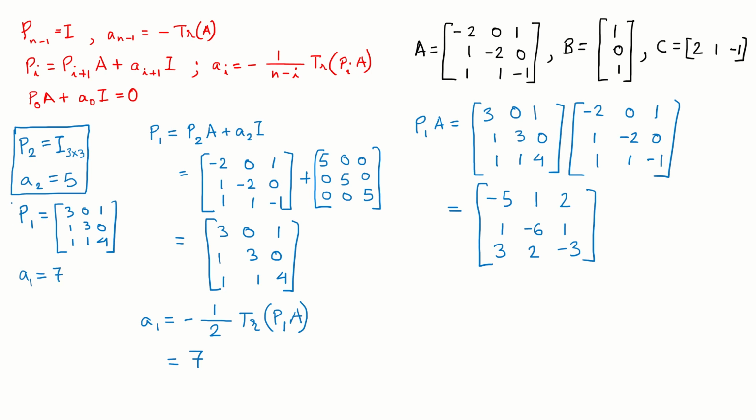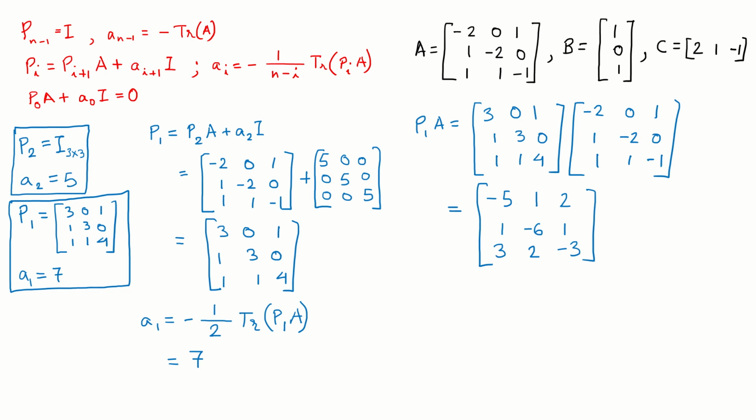So this is another set of required coefficients that we have found out, P1 and A1. Next we need to find out P0 and A0.